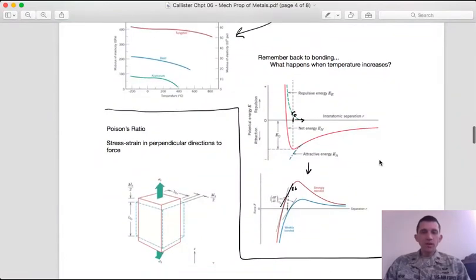Well, if you think about the potential energy, if I take this force curve and integrate, I get energy.